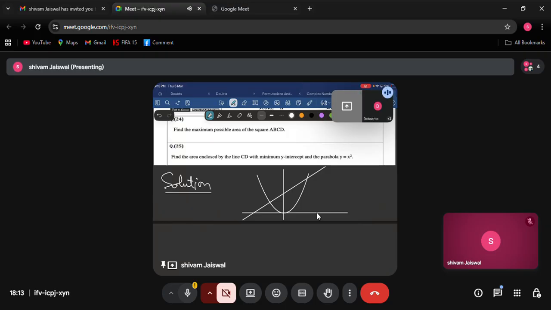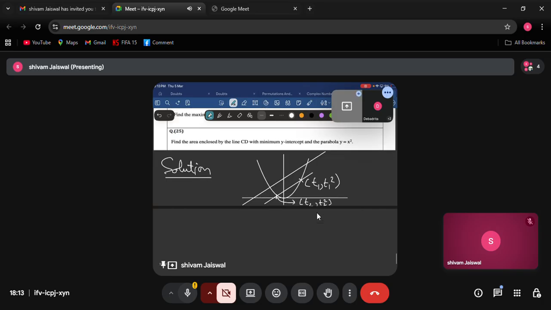Now I'm going to take the coordinates of CD. Let us say this point is C, (T1, T1 square), and another point is (T2, T2 square).